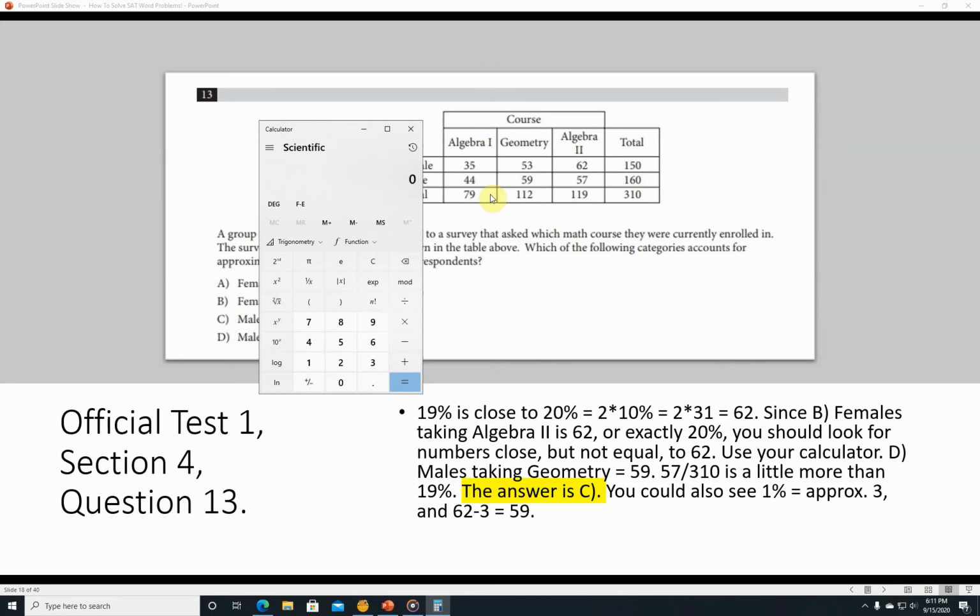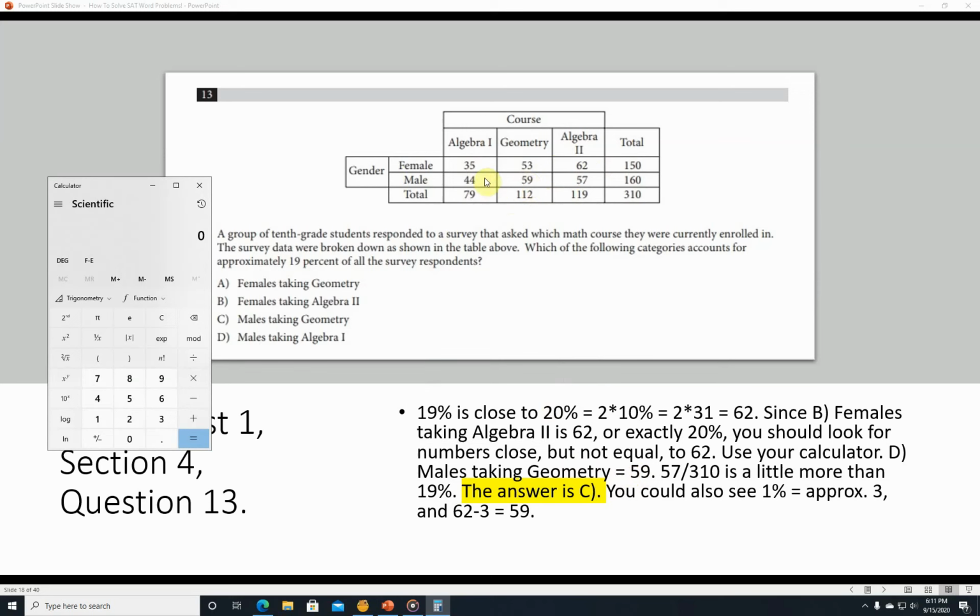So that's one way to do it, is just kind of brute force it once you realize that 59 and 57 have to be close. And you get that the answer is 59, which is choice C, because it's male and it's taking geometry, so that's going to be the right answer.